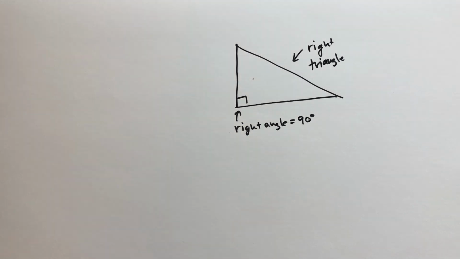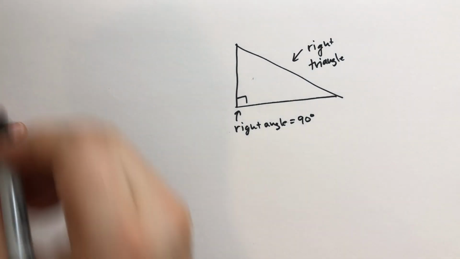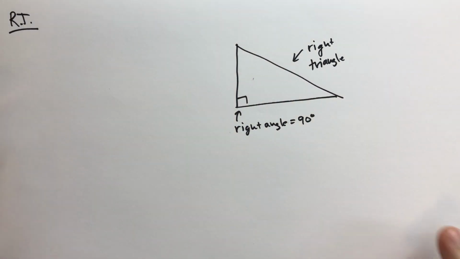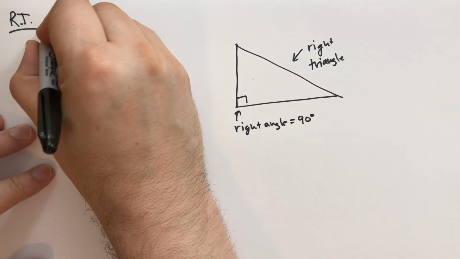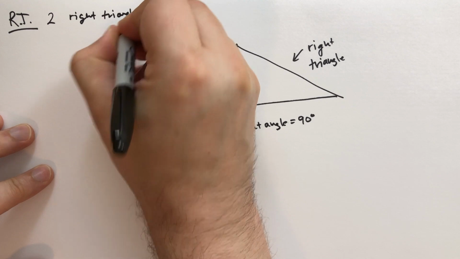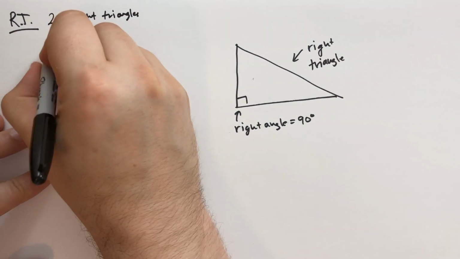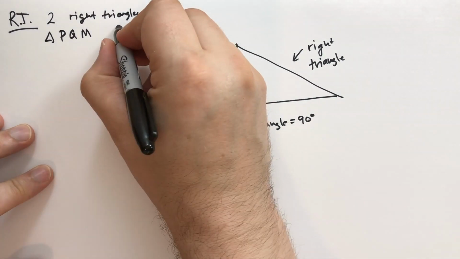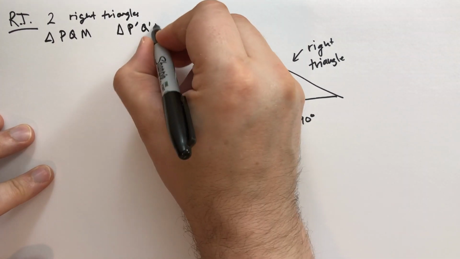There is an assumption. He calls it RT. Okay, and he does not go into depth on why this assumption is true. He doesn't even bother proving it to you, but he does say that we're going to get to a point where we have enough mathematics based on very basic assumptions so that we can actually prove this for ourselves. So if we have two right triangles, and the triangles are called triangle PQM, and the other triangle is called the triangle P prime, Q prime, M prime.